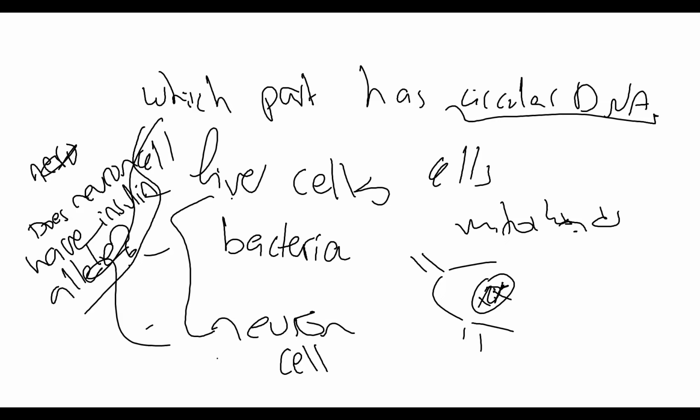And the same for insulin, it only functions in the pancreas, but it does exist in the neuron. It does exist in the liver cell, but it functions in the pancreas cell. So in this way, you should take into consideration that genetic material is all over our body, in all our mitotic cells.